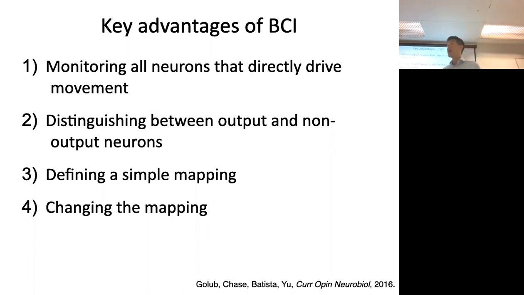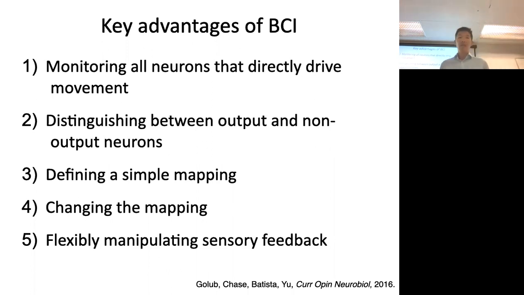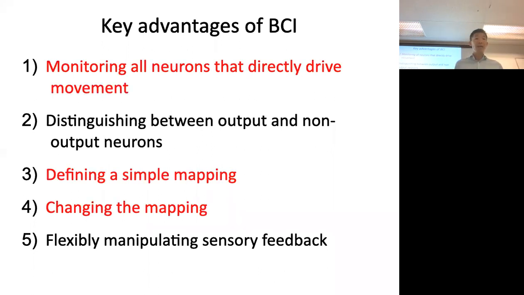We can change those parameters, A, B, and little b, to create a learning experiment, where the animal will now need to figure out how to use this new BCI. And fifthly, we can flexibly manipulate the proprioceptive feedback. What we're going to talk about today, we're going to leverage advantages 1, 3, and 4.